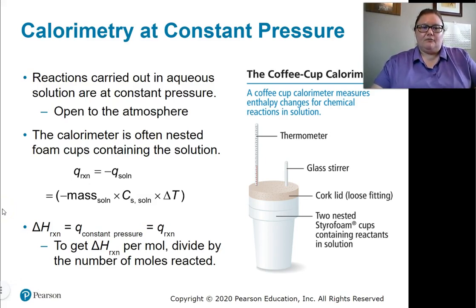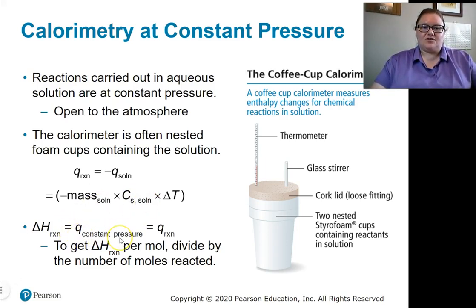We will be using the mass of the solution. Notice the subscript there, and then the specific heat capacity of the solution. So you really want to follow those subscripts to make sure you're using the data from the correct part of the experiment. Look at those subscripts to help guide you there.